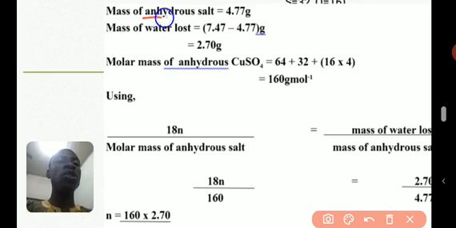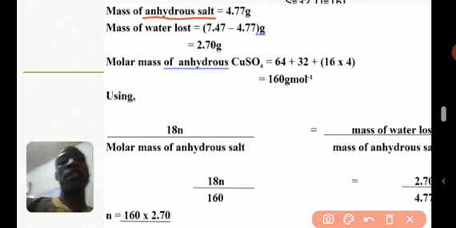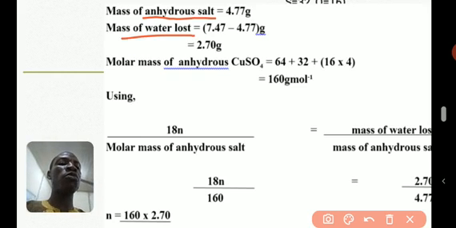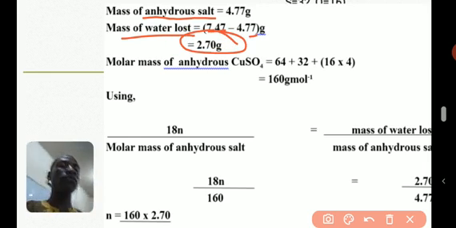That is the salt when you have driven the water away. The salt when it doesn't have water is 4.77. You remember that? We know that the mass of the hydrated salt was 7.47. So what was the mass of water that was lost? I told you before, you subtract this from this. Of course, it's reasonable: this one was when it has water, this one was when it doesn't have water. So the mass of water that was lost is 2.7 grams.